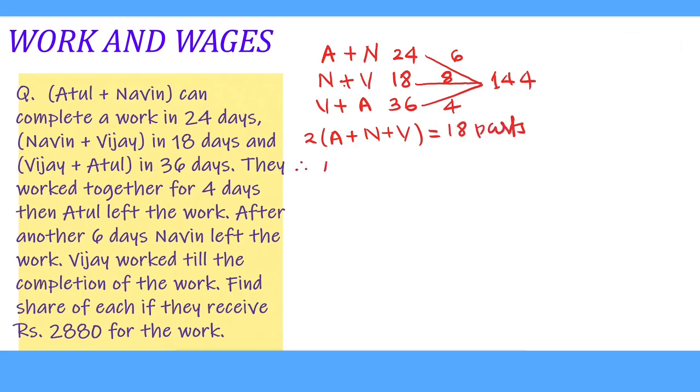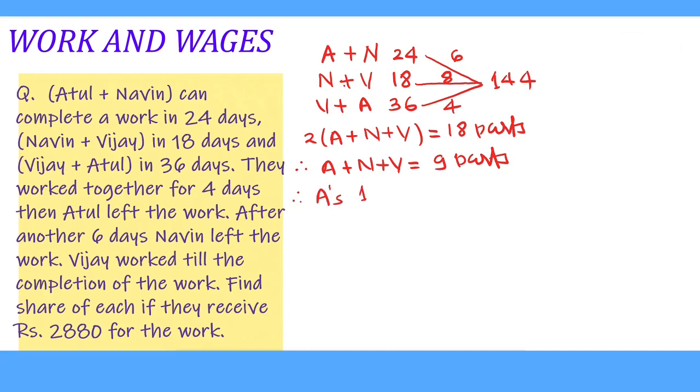Therefore, 1 day work of Atul plus Naveen plus Vijay equals 18 divided by 2 equals 9 parts of the work. Now, if we have to find the 1 day work of Atul, we can subtract 1 day work of Naveen plus Vijay from Atul plus Naveen plus Vijay.